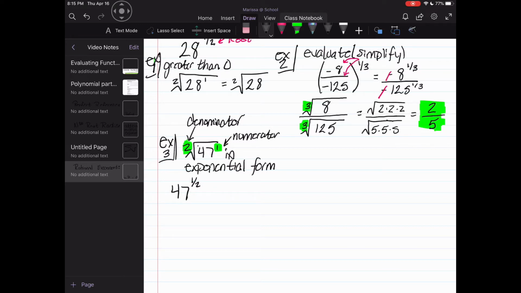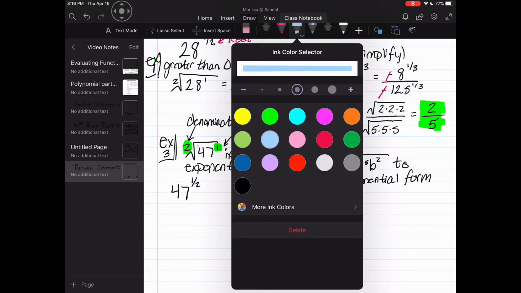And just like last time, sometimes we're going to have some variables thrown in here. So let's go backwards again, and let's change the cubed root of 3, a to the 5th, b to the 2nd, to exponential form. So this one might be a little bit trickier. So basically what's going to happen here is I'm going to have 3 bases.